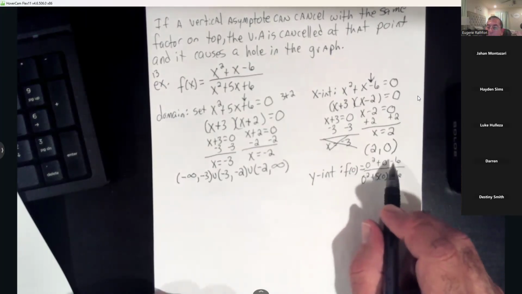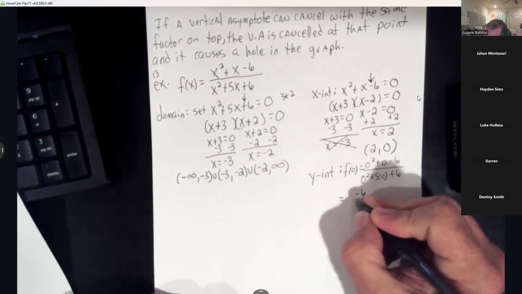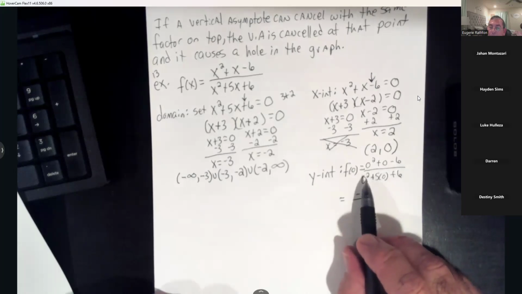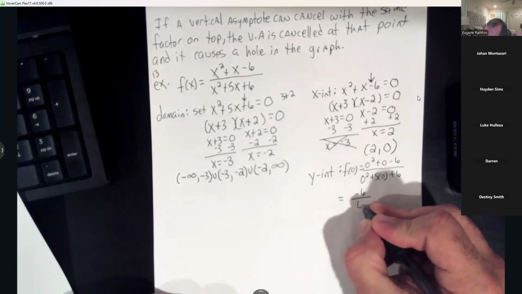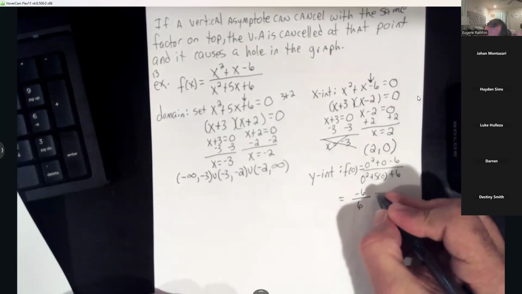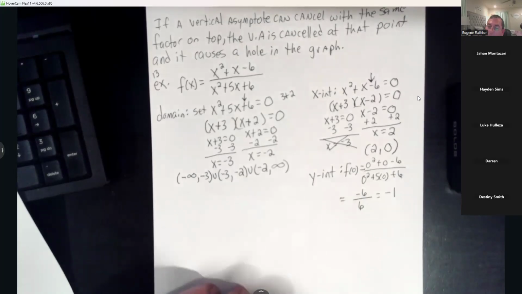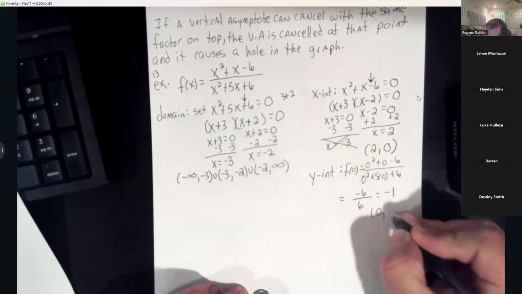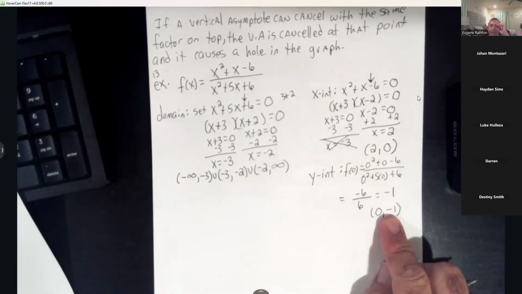So 0 plus 0 minus 6 gives me a negative 6 on top. That's 0, that's 0. So 0 plus 0 plus 6 on bottom gives me a positive 6. And that gives me a negative 1. So that means my y-intercept is 0 for x, negative 1 for my y.